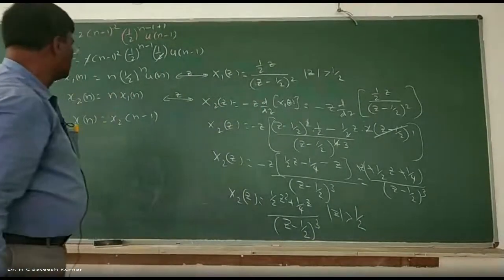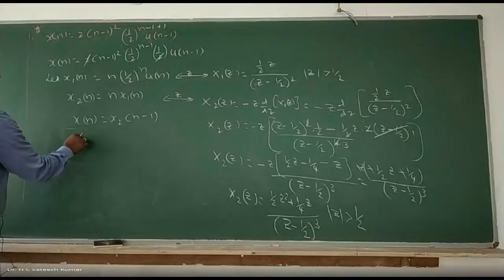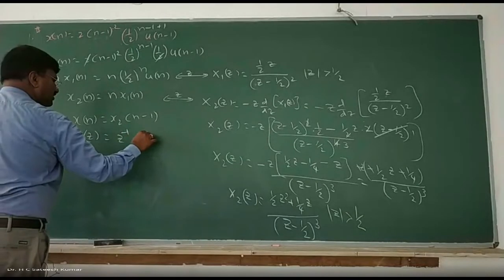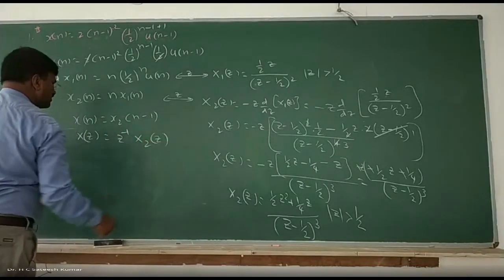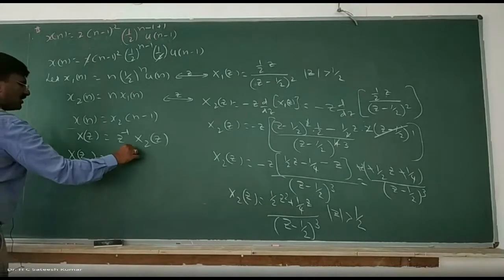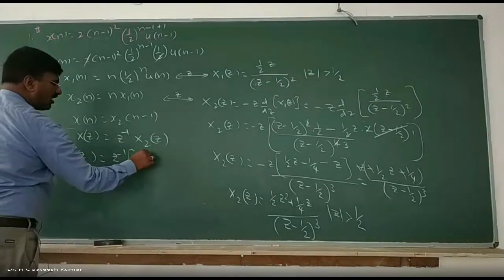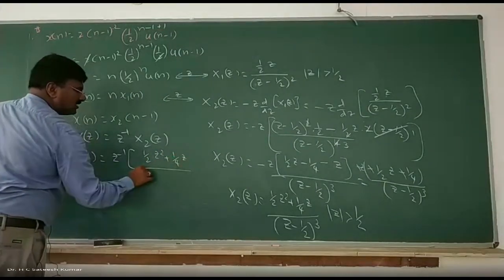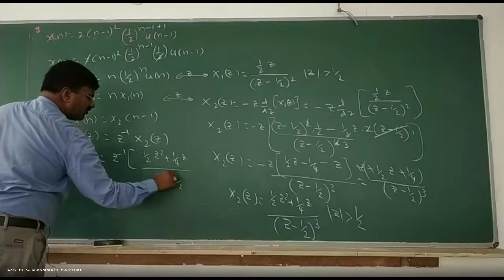Now, last one. What is the z transformation of this one? x of z is equal to z to the power of minus 1 into x2 of z, ROC remains same. x of z is equal to z to the power of minus 1 into half z square plus 1 by 4 z divided by z minus half whole cube.